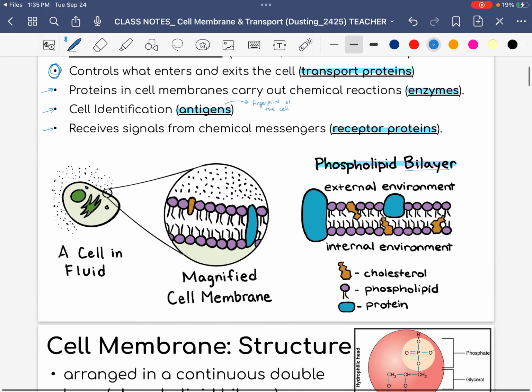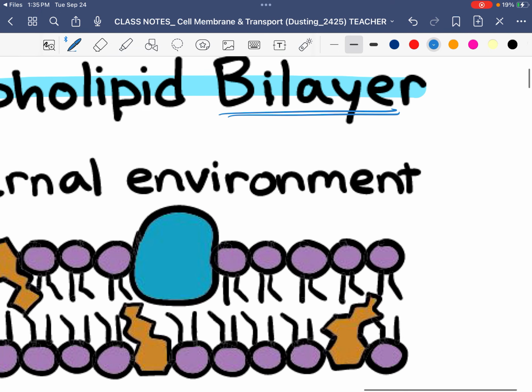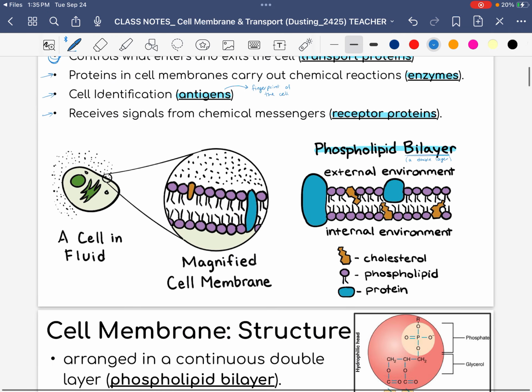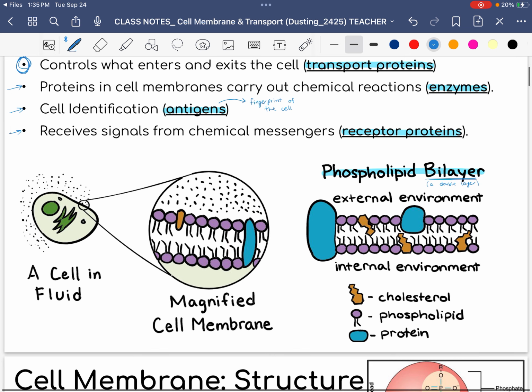Remember that a bilayer is a double layer. And so, yeah, we can see here that the cell membrane is separating the inside from the outside. It's made of a phospholipid bilayer, and it's going to control what's going in and out of the cell.